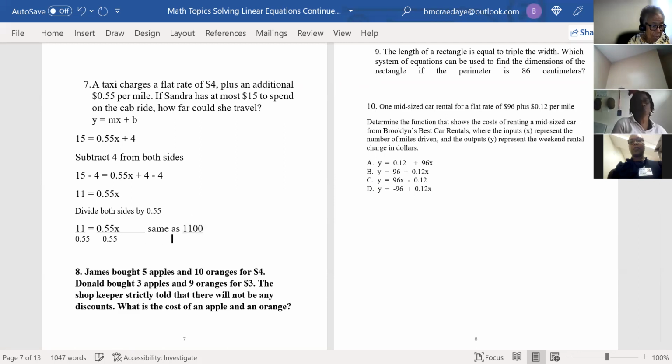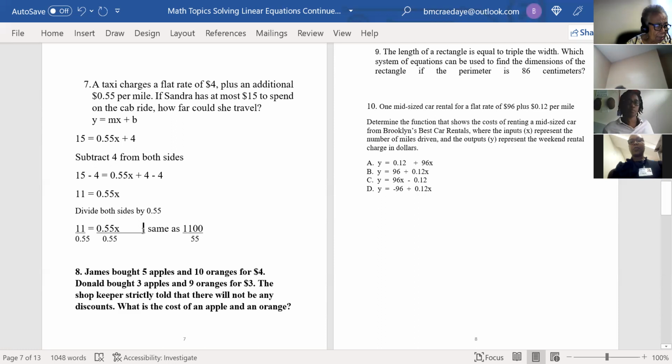So 1100 over 55. What did you get, Maureen? 1100 over 55 gives you 20.